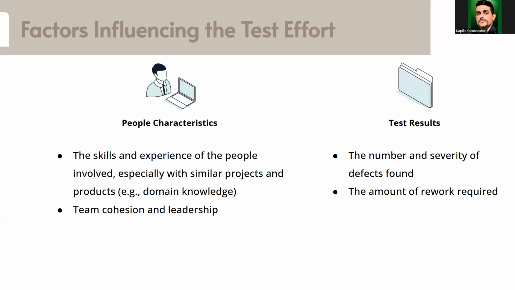Basically, based on the test results, there will be a lot of rework coming in, a lot of changes to the application, or various new requirements might come in, just as in construction. So that will also have a clear impact on the test estimation. Those are the four basic areas that will impact software test estimation. That's almost equivalent to real world cases as well, as I mentioned.